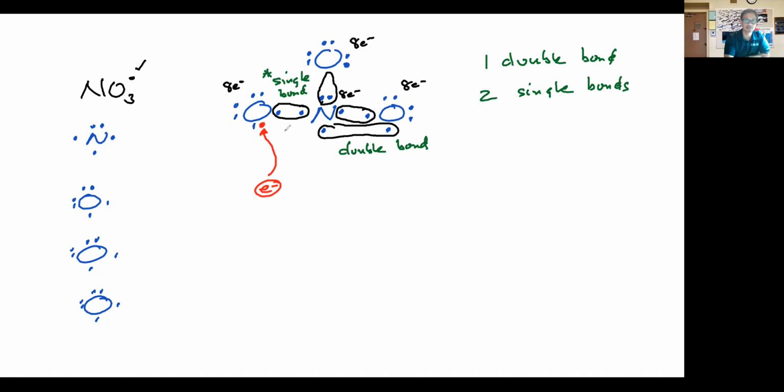And we have 1, 2, 3, 4, 5, 6, 7, 8 lone pairs. Yep, and that's it. And so that is how we summarize the nitrate anion. All right, so you got to practice this, folks. This is something you got to practice doing.